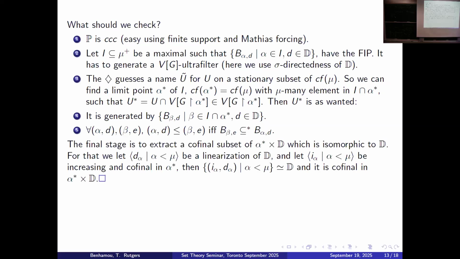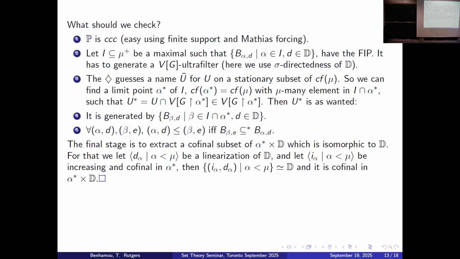Okay, and finally, let's show that this is a simple PD point. So what we do, we basically have this D. It has cardinality mu, so we can find a linearization of it. Like that. And then we enumerate I0, I1, and so on, in order.